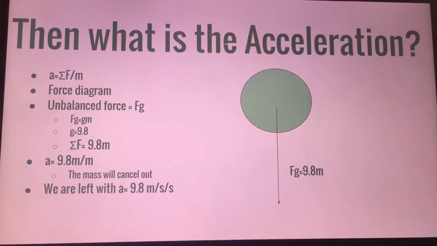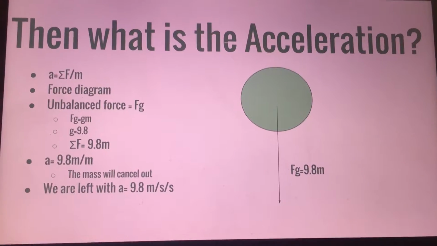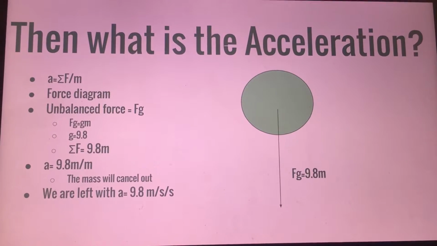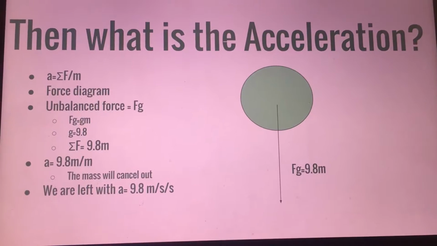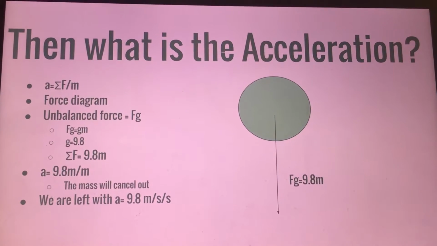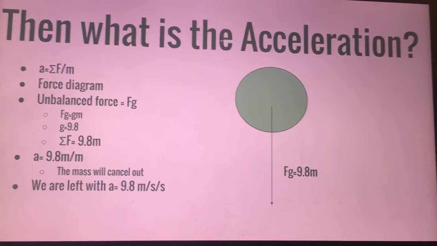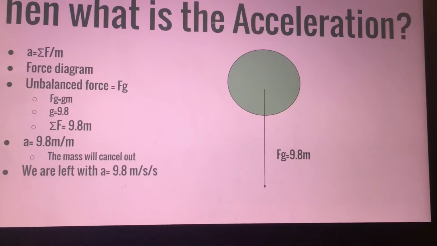Force of gravity equals the gravitational field strength, which is 9.8 for Earth, little g, times the mass, which we don't know, which wasn't given for this problem, but it's okay because we don't end up needing it to solve for acceleration. So we have the force of gravity equal to 9.8 m, with the m representing the mass of the object.